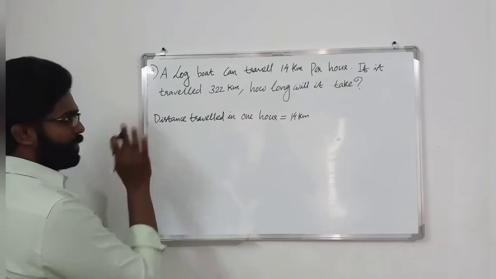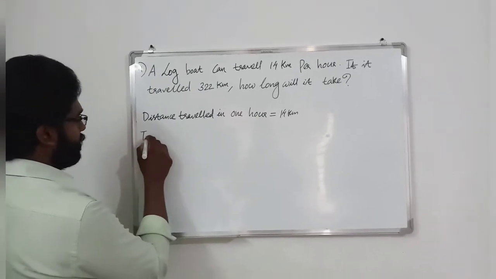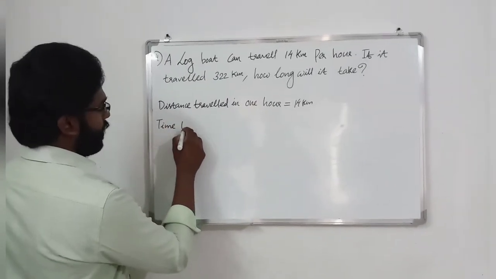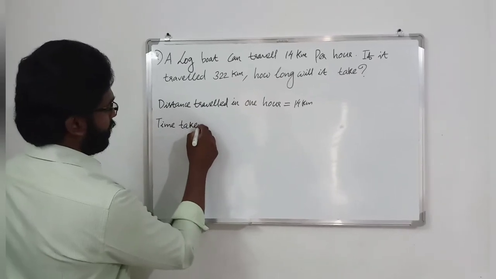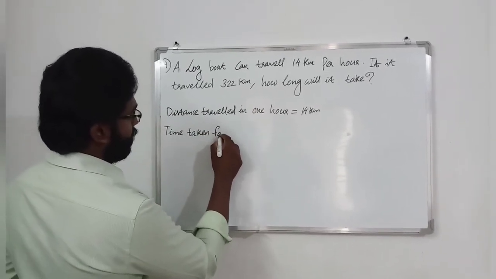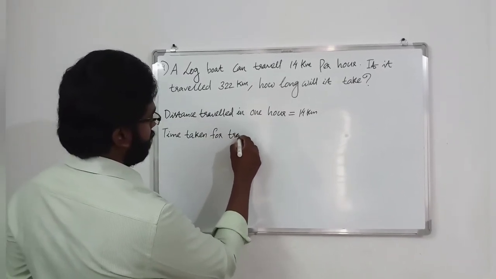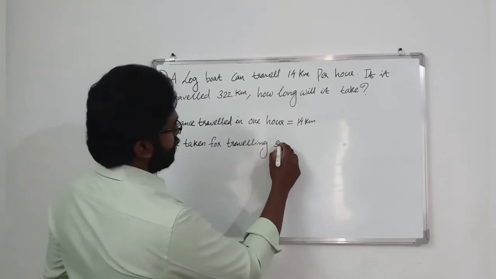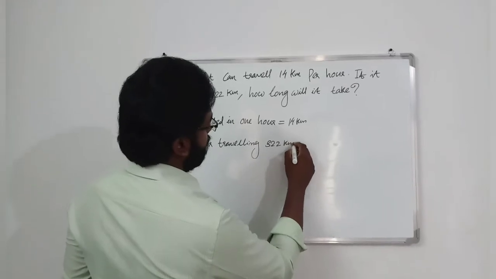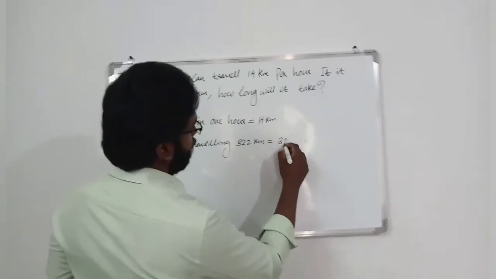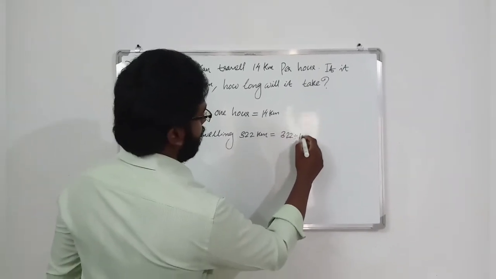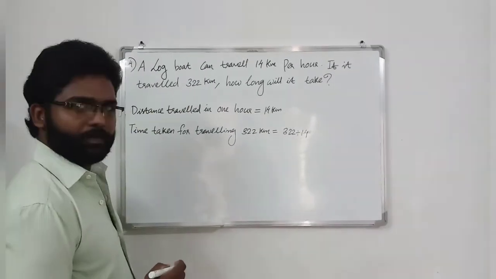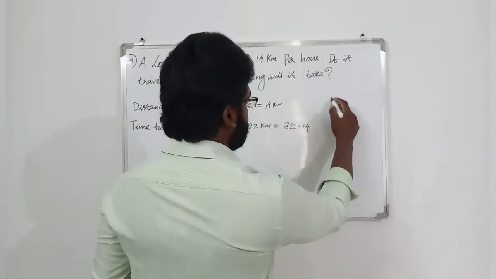Second step, now distance, time taken for traveling 322 kilometer. That is equal to 322 divided by 1 hour distance. Okay, we can do the calculations here.